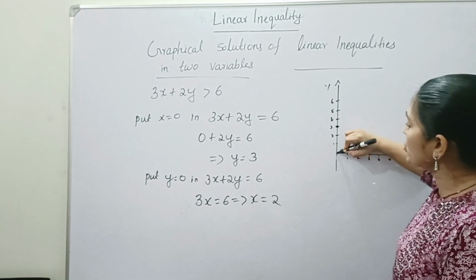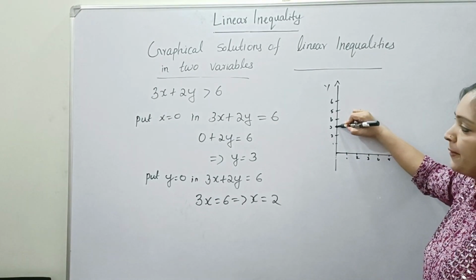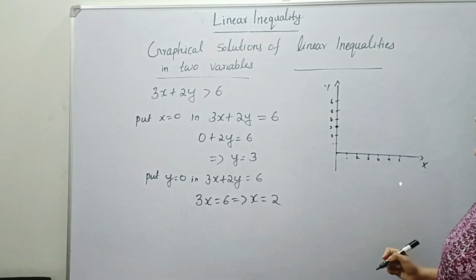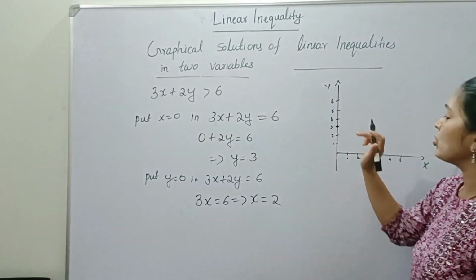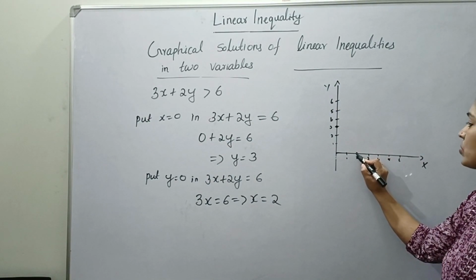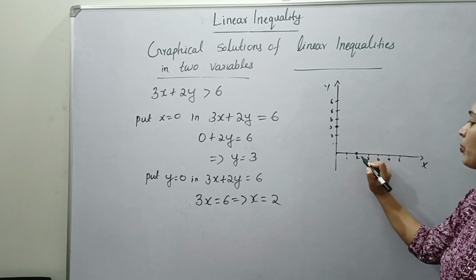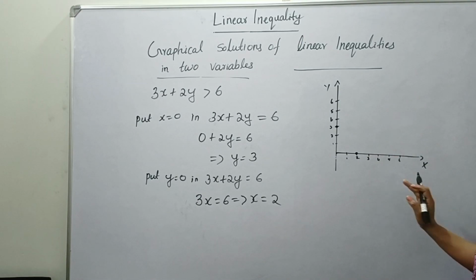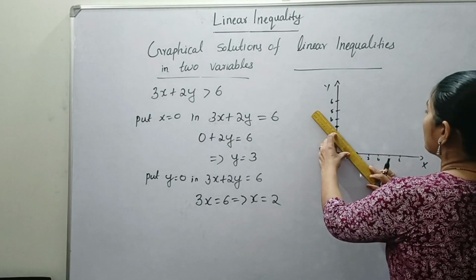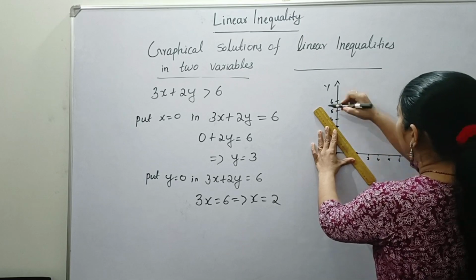Mark it here. Next, when y is equal to 0, x value is 2. So its intersection point is here. Now let us join these points.